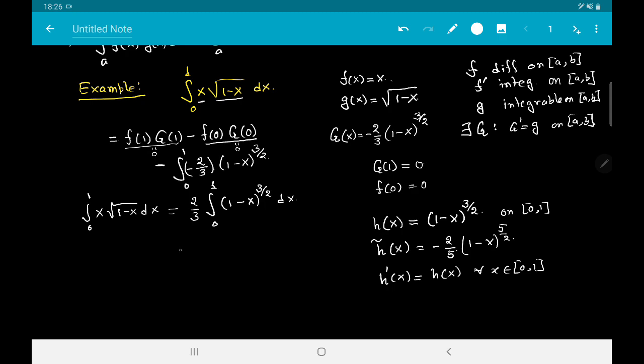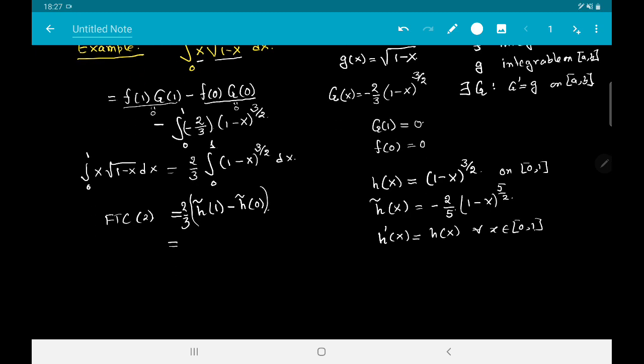On this note, let me use fundamental theorem of calculus, part 2. What do we now know about it? This will be 2 by 3 times h tilde of 1 minus h tilde of 0. Fair enough. So what is h tilde of 1? H tilde of 1 is equal to 0, that you can easily see.